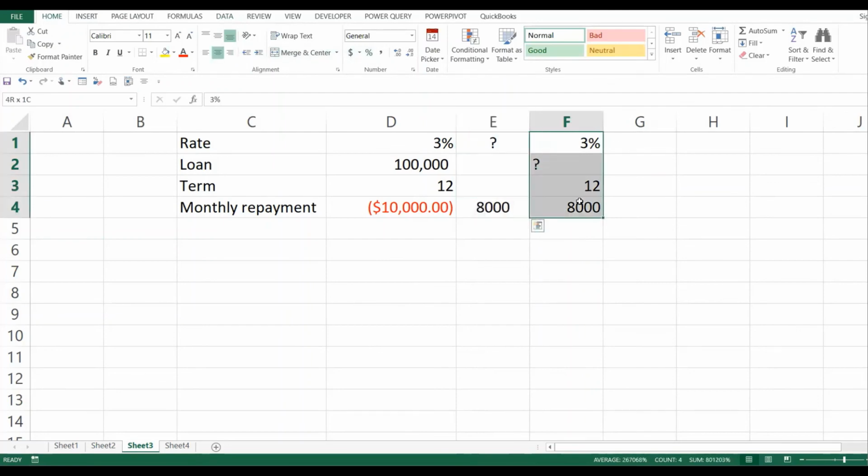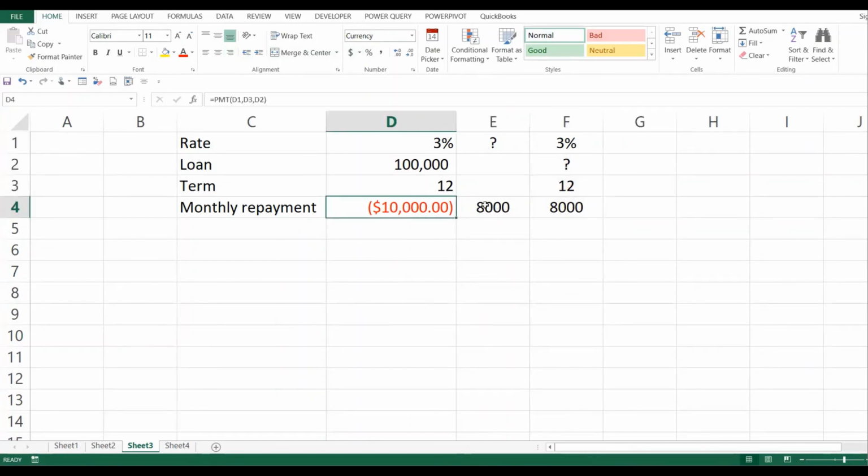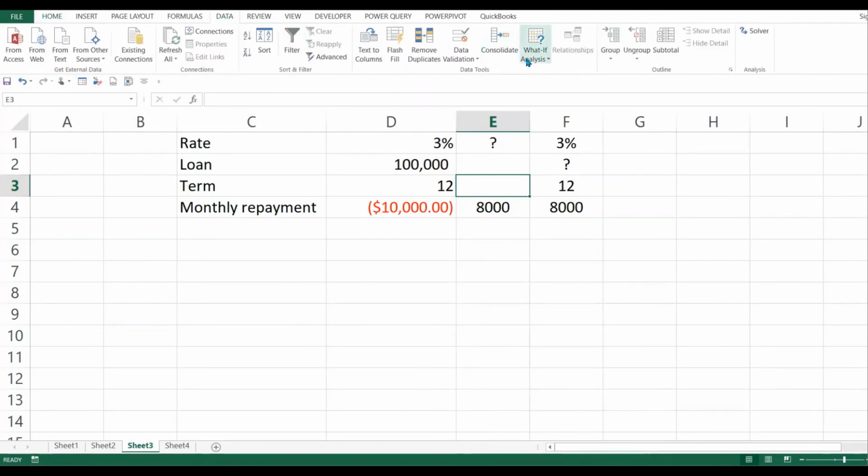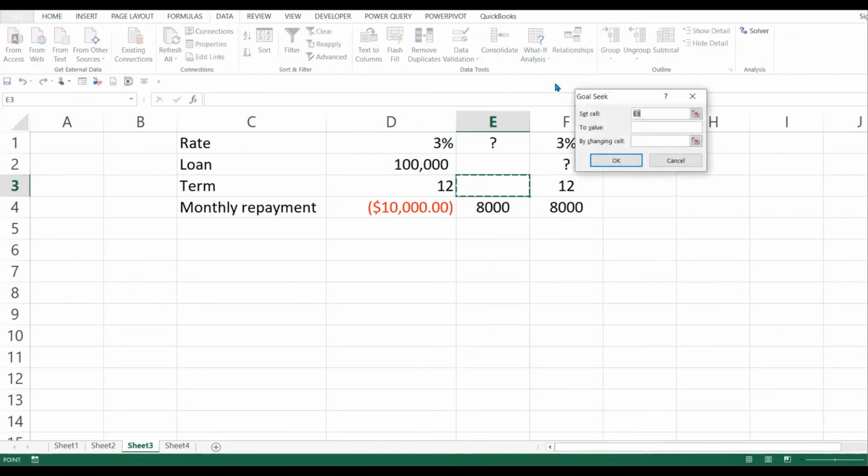So let's do these two examples very fast. The first example, I want my monthly repayment to be 8,000, not more than 8,000. And I'm asking myself, what interest rate should I negotiate for? So I'll go data, what if analysis, goal seek, set cell. My result is in this cell here.